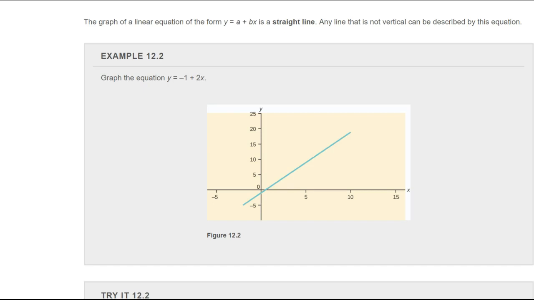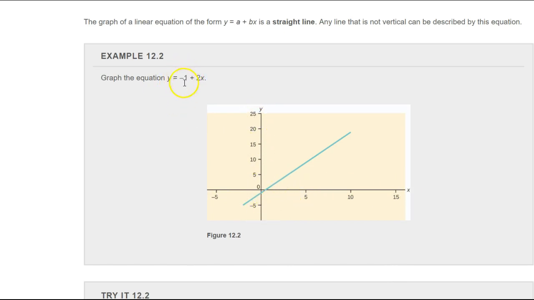But a graph of a line, y equals negative 1 plus 2x, I want to just point out some very key points to this. This negative 1 is the y-intercept. It's where it crosses the y-axis. So we have our y-axis, we have our x-axis, which are these two dark lines.